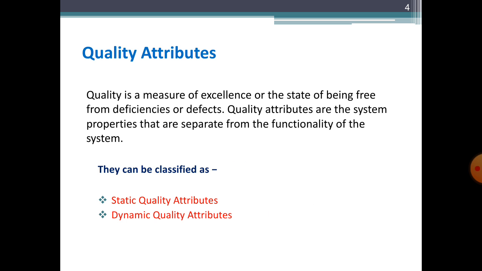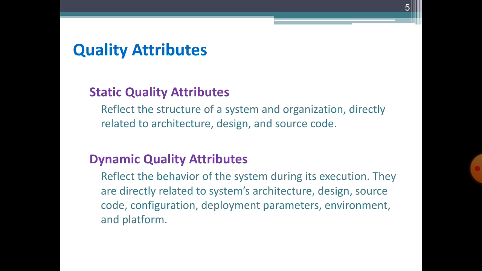The second one is dynamic quality attributes, which are about runtime attributes, or what we also call observable at runtime. We also saw this dynamic quality attribute in our previous lecture. So static and dynamic quality attributes are already discussed, and I will give you a little bit about these two terms in a nutshell.